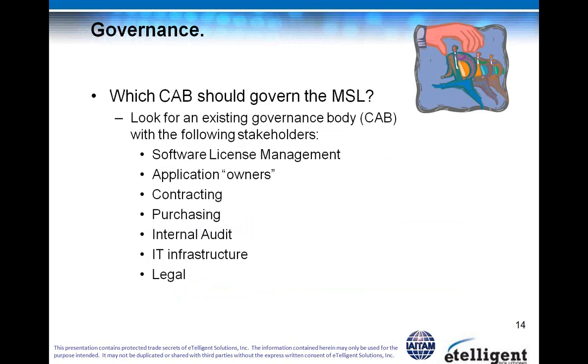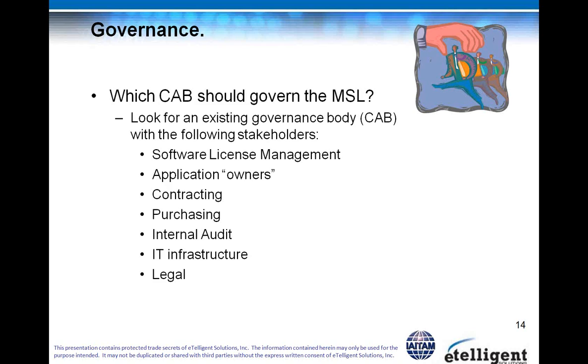So we talked about governance, and we talked a little bit about how this should be governed. And what you want to do is look around. Obviously, if you don't have to reinvent the governance, then don't. Tap into something that already exists. As I mentioned, if you're following ITIL, and a lot of organizations do these days, if you have a change advisory board that has composition that closely resembles some of the stakeholders that we show here that are typical stakeholders in this decision, then see if you can tap into that and just run the change requests through them.